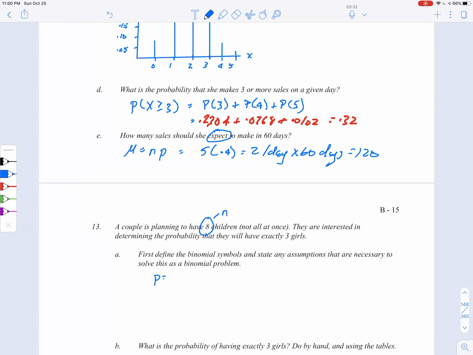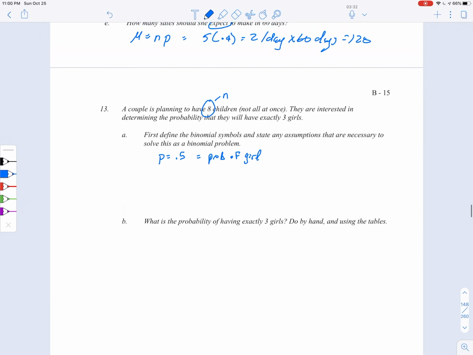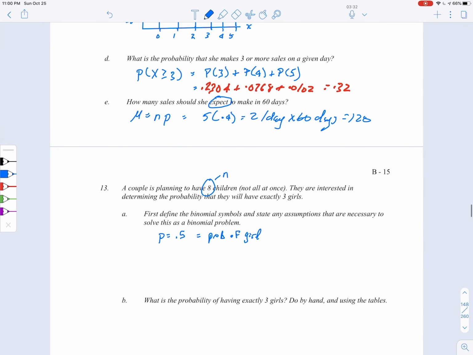The thing to note about here is what's the probability of having a girl? And that turns out to be 0.5. So that's the probability of having a girl. And then here's your n, 8 children. And so you can fill in the rest here. And we will take that up in class.